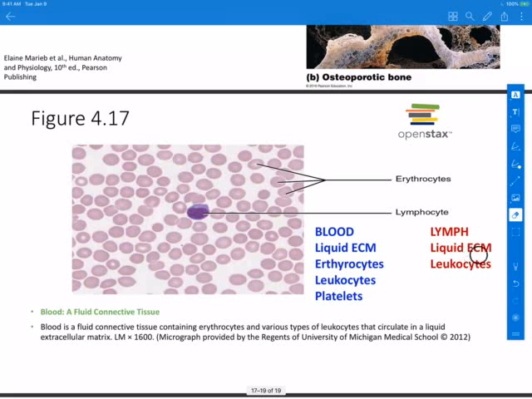It again has a liquid extracellular matrix, and both of the liquid extracellular matrices of blood and lymph contain fibers that are dissolved in the fluid under normal circumstances. And then the leukocytes, the white blood cells, are also found in lymph. And basically lymph is found in extremely permeable lymphatic vessels in the tissues.